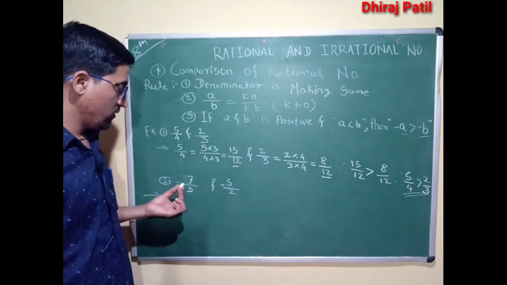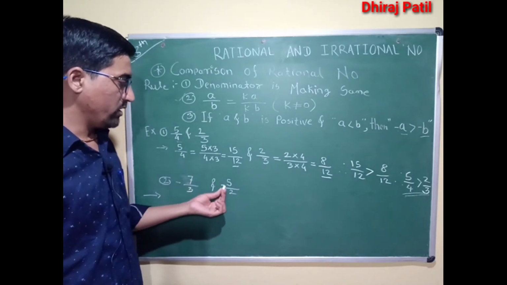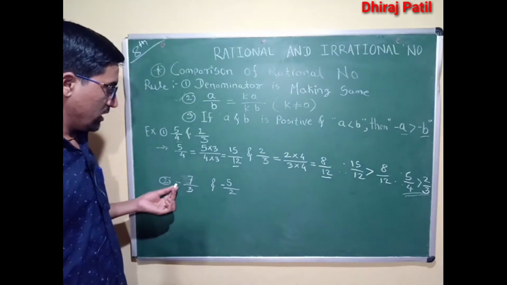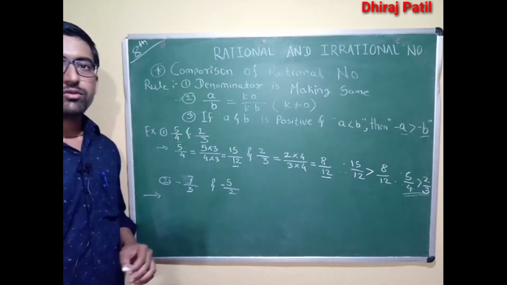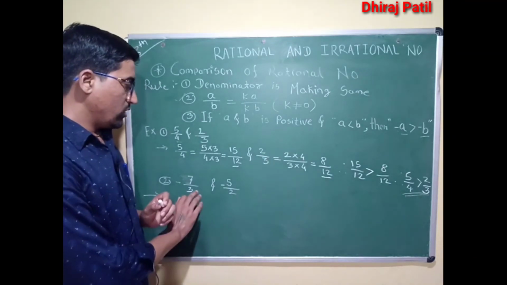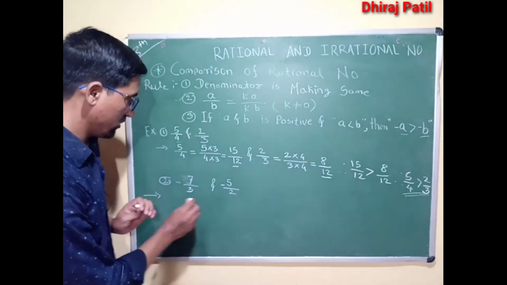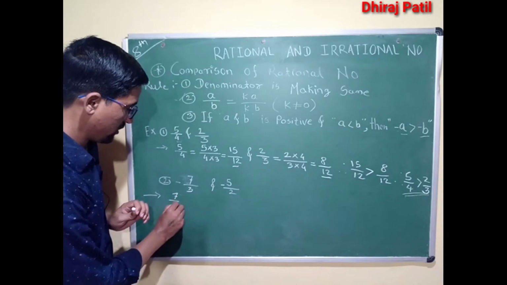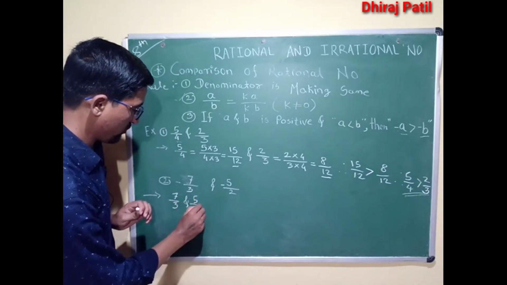Example number 2 is minus 7 by 3 and minus 5 by 2. Here, friends, you see the minus sign. First of all, we avoid the negative sign and take only positive numbers, such that 7 by 3 and 5 by 2.